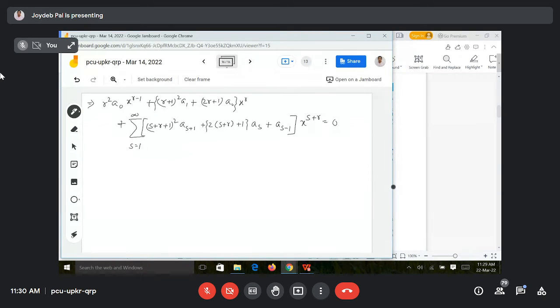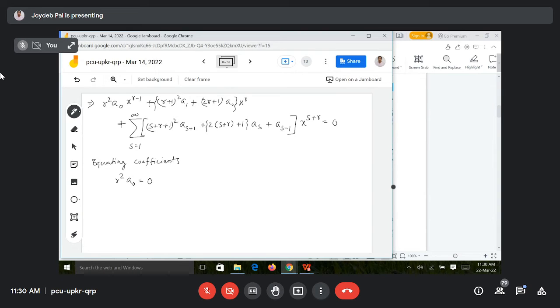Okay, now you can equate the coefficients, right? So equating coefficients, we are getting r square a naught is equal to 0.